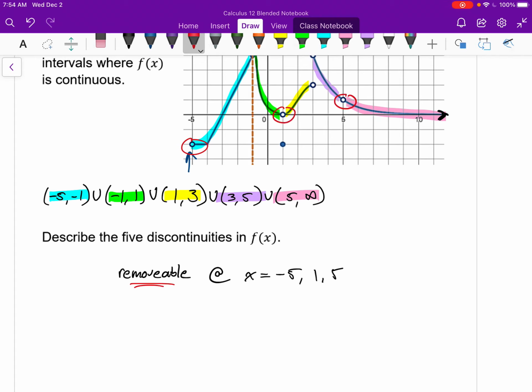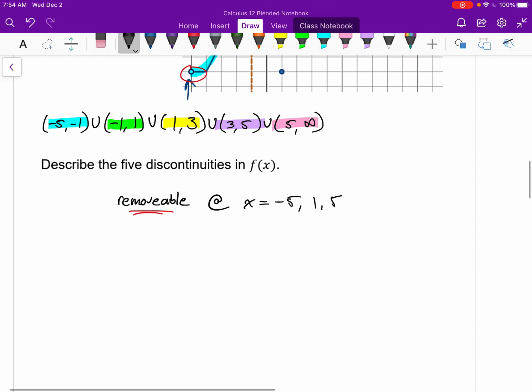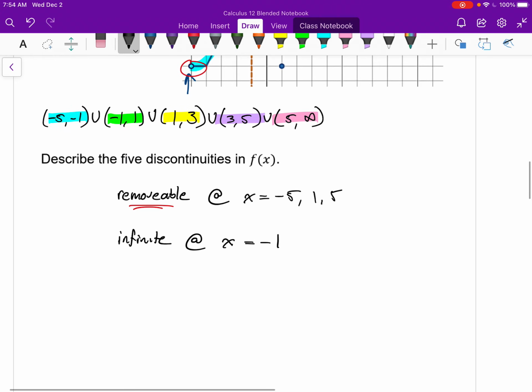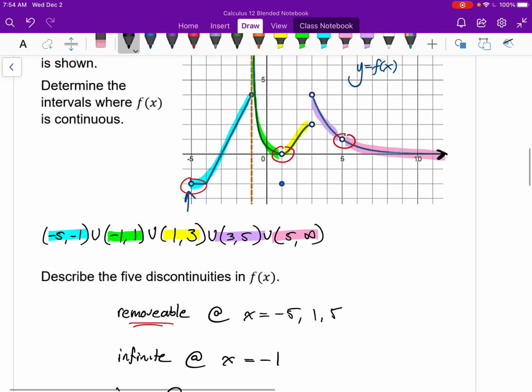Those are our removable discontinuities. There's one infinite discontinuity, and that's that vertical asymptote. So that's at -1. That kind of stands out. And there's one jump discontinuity. And the jump discontinuity is only at 3. Right there. That's where the function jumps.